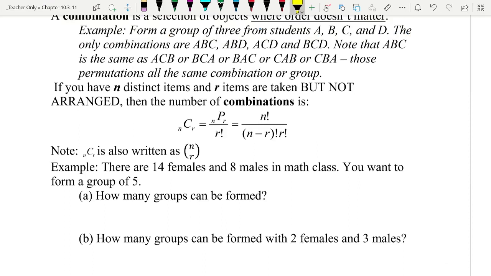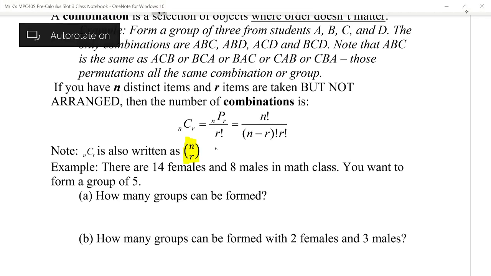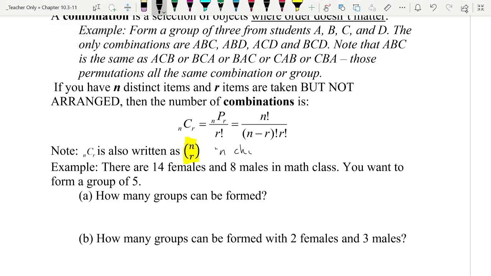Notice that this part right here is the permutation formula, and then you just divide it by another r factorial. There's a shortcut way to write this, and you'll see it very often. People will say "n choose r" when they call that.